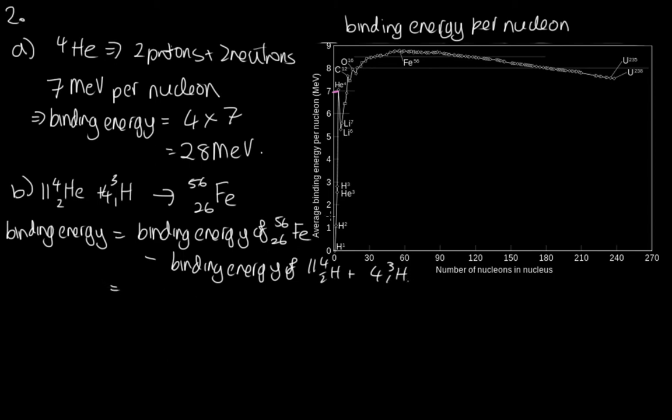And so for iron-56, we can read it off here. If we bring a straight line around along there, that is around about 8.75.